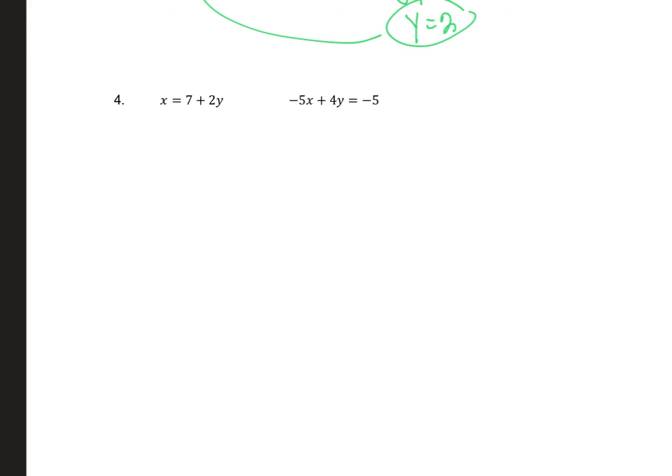Looking at number 4, I'm looking for my isolated variable. I find it in my first equation for x, which means I'm taking this 7 plus 2y and I'm putting into the x in my second equation.